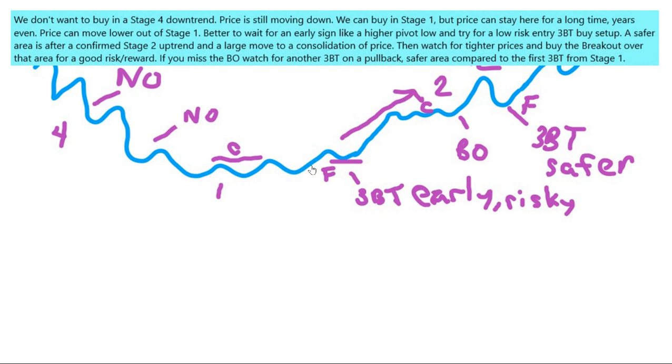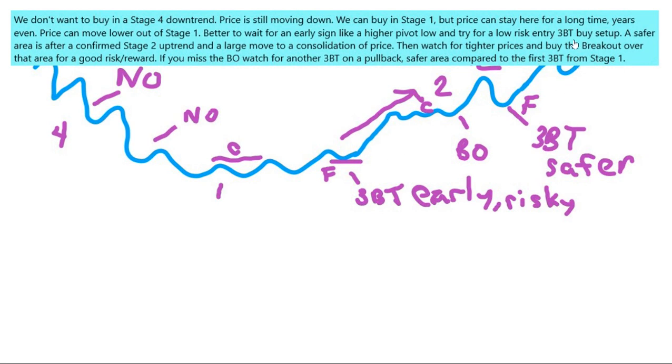We've got a ceiling here, a new floor here, then this ceiling. Okay, so now we're in stage 2. You could buy this breakout from the consolidation, or you could buy this area where what was the ceiling is now the floor, and look for a buy setup or a 3-bar turn in this area. This is a very safe area to buy because we're in this uptrend now.